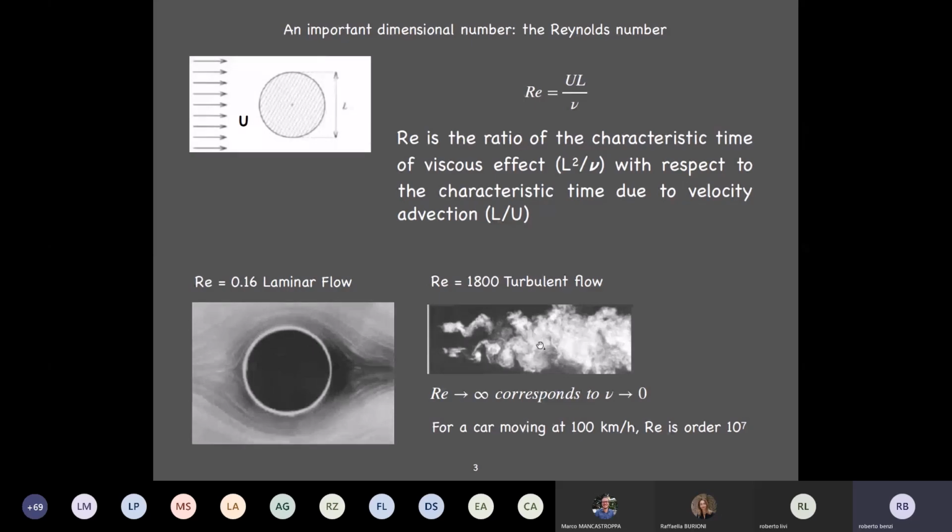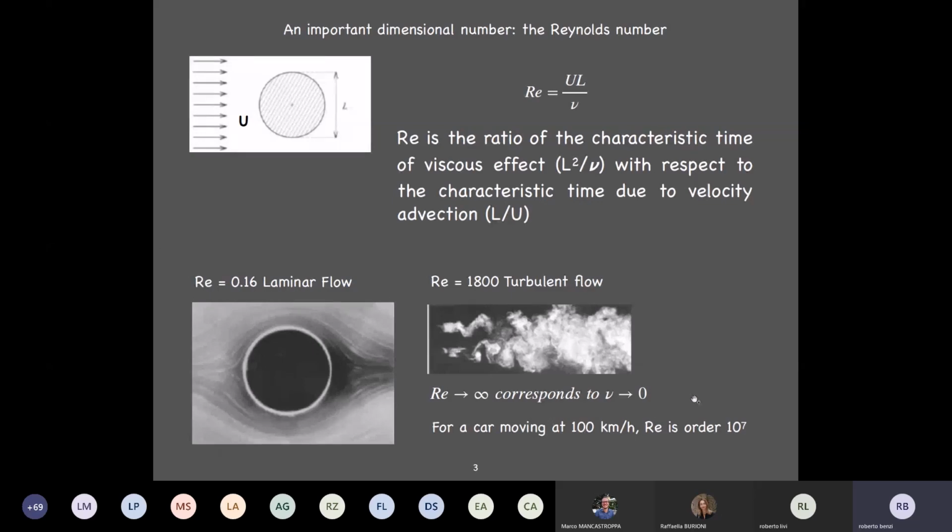Roughly speaking, just to fix the idea, if you take a car moving at 100 km per hour, which is roughly a standard velocity on a highway, then the Reynolds number is of order 10 to the 7.